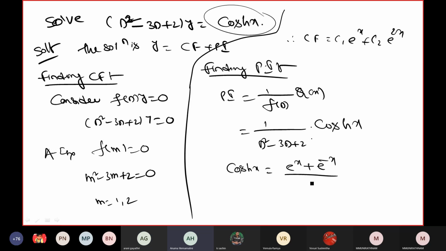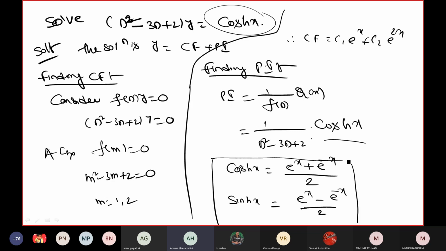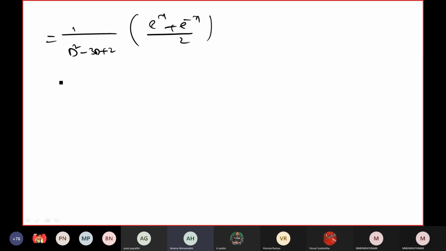Cos hx is e power x plus e power minus x by 2. అదే sin hx ఉంటే e power x minus e power minus x by 2. అదే సైన్ ఉంటే ఈ ఫామ్ లో వాడాలి. ఓకేనా? సో రీప్లేస్ చేస్తే, so this will be 1 by 2 taken outside.